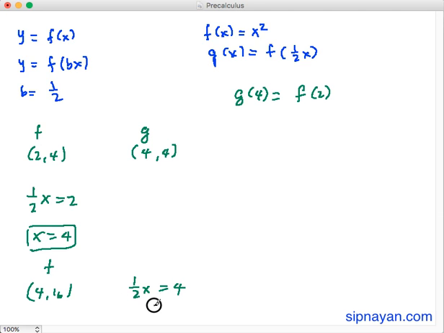And here, x equals 8. Meaning, g of 8 equals f of 4. F of 4, and yung value niyan is 16. Okay? So, pareho yung y value nila, pero ang x doon sa g ay 8.